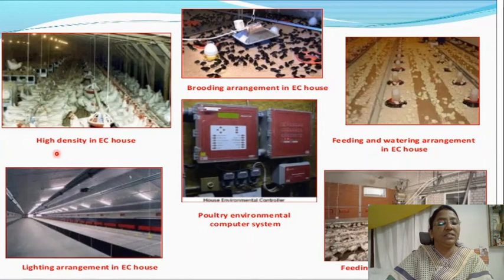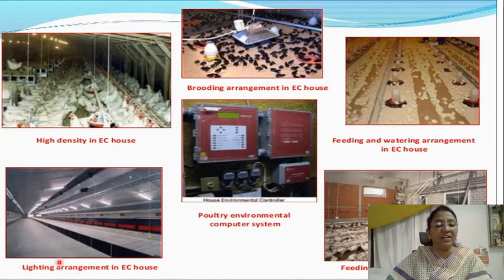And this is the high density EC house with n number of birds supplied by water. And this is the brooder arrangement in the EC house. This is the lighting that is being given to the birds, and here feeding and watering arrangement in the EC house. Feeding and watering over here.